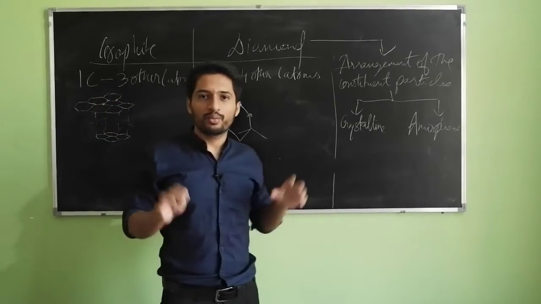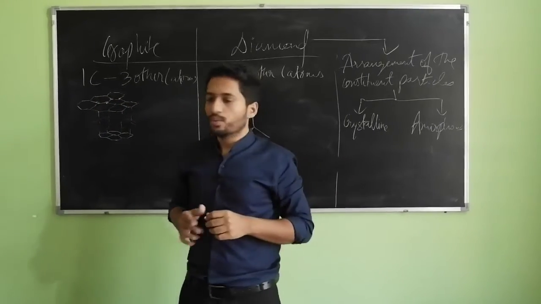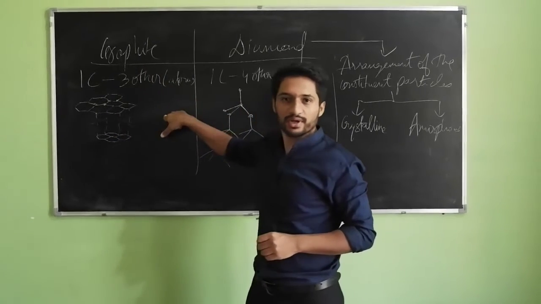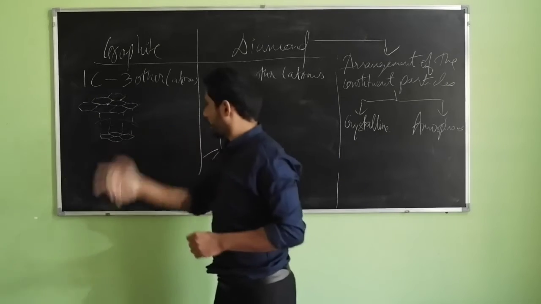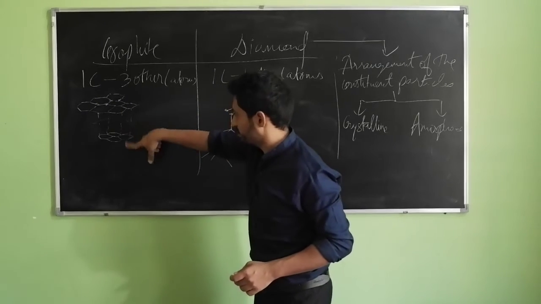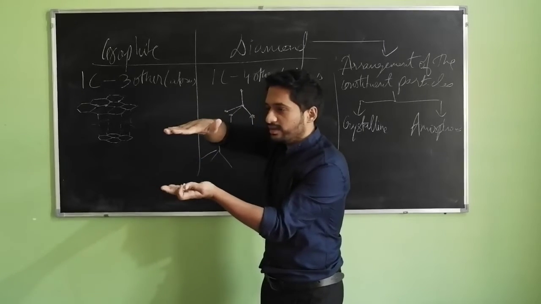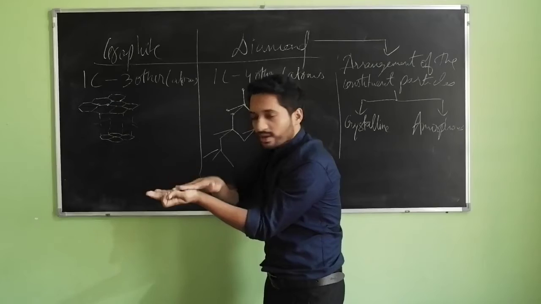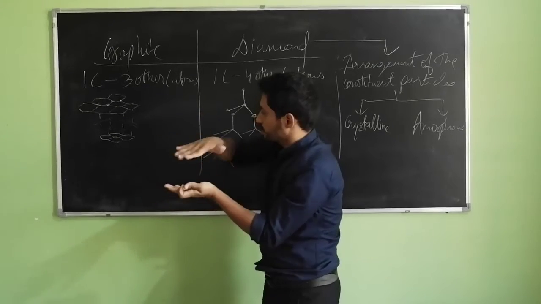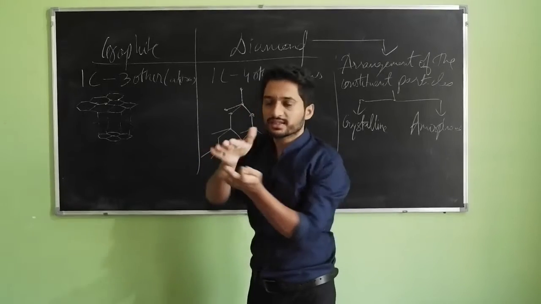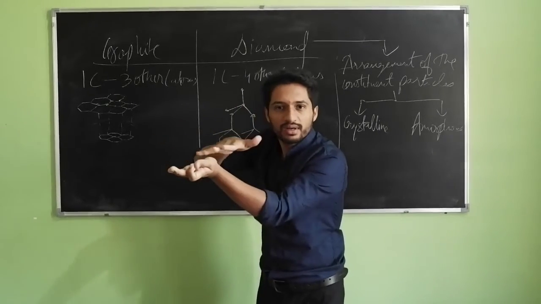Now we want to discuss why graphite is slippery. Graphite is slippery because if you look at the 2 layers that we have drawn, there is hexagonal ring all the way, and in the lower layer we have hexagonal rings all the way. We don't have a bond between them. So this makes graphite slippery.